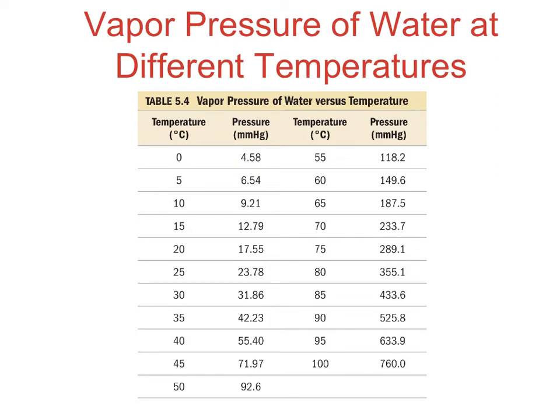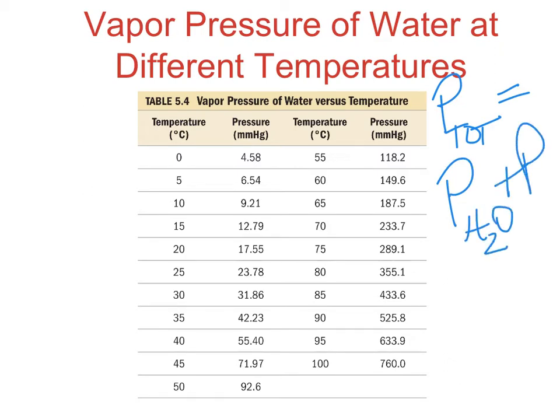All right, so I told you that what you're probably going to have to do is, first of all, realize Dalton's law. It says total pressure equals pressure, and the mixture we have in this case is water vapor pressure, and then the pressure of whatever the other gas is that we're collecting. Okay, and this is for when you collect gases over water. So obviously you need to know the pressure of water.